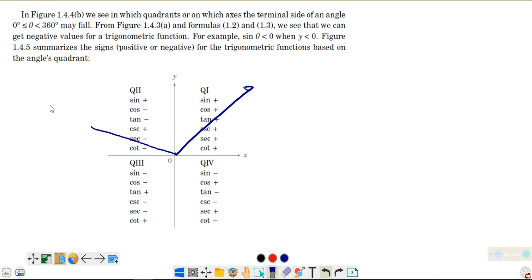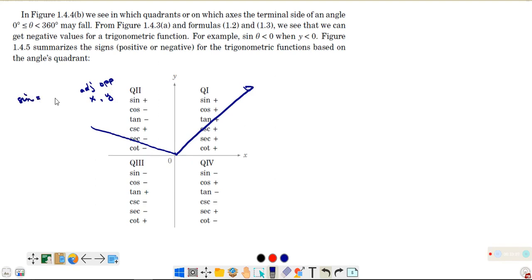Why? So, sabi natin, di ba, ang x mo will be your cosine, and your y will be your sine. Or, your x is the adjacent, and your y is your opposite.